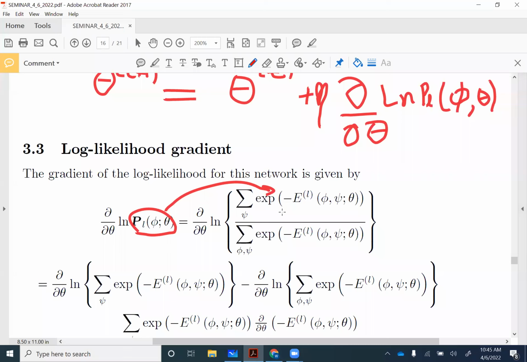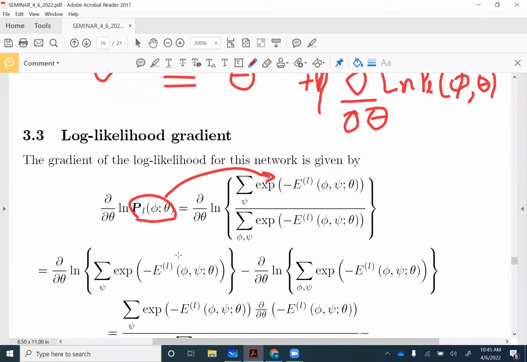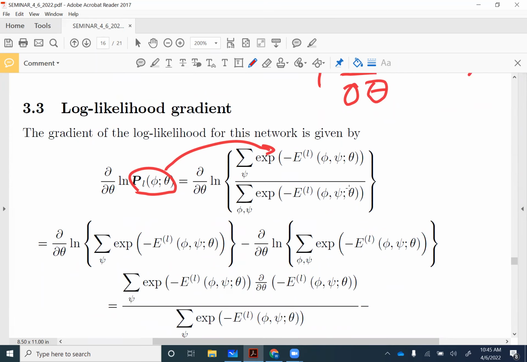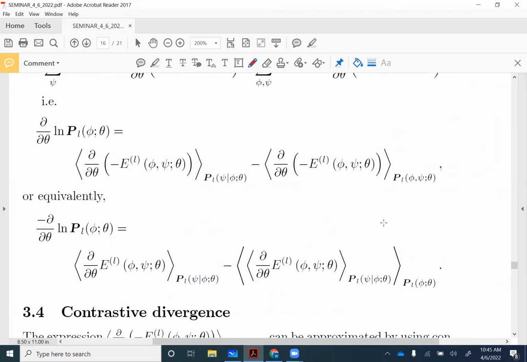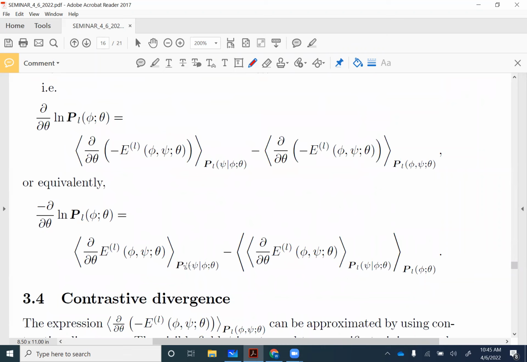We start with the joint probability between these two fields, and we compute this probability P_L(phi) as a marginal probability. Now we take the logarithm of the numerator minus the logarithm of the denominator, and we do the calculation. I'm going to skip this. So at the end, we get an expression of this form.